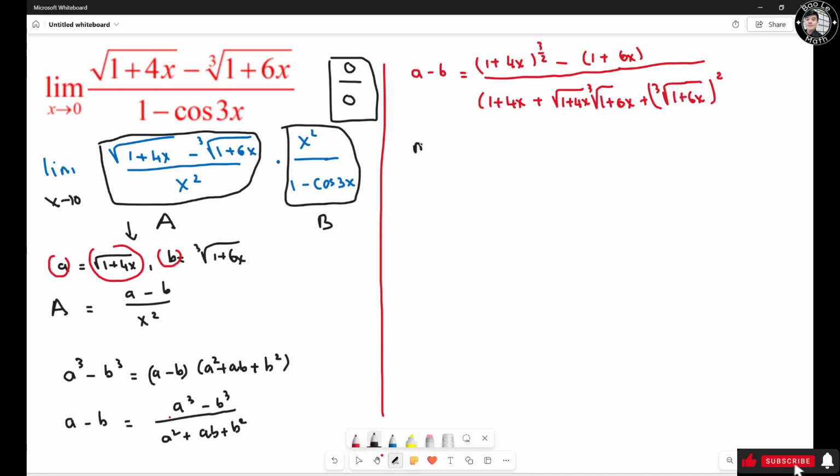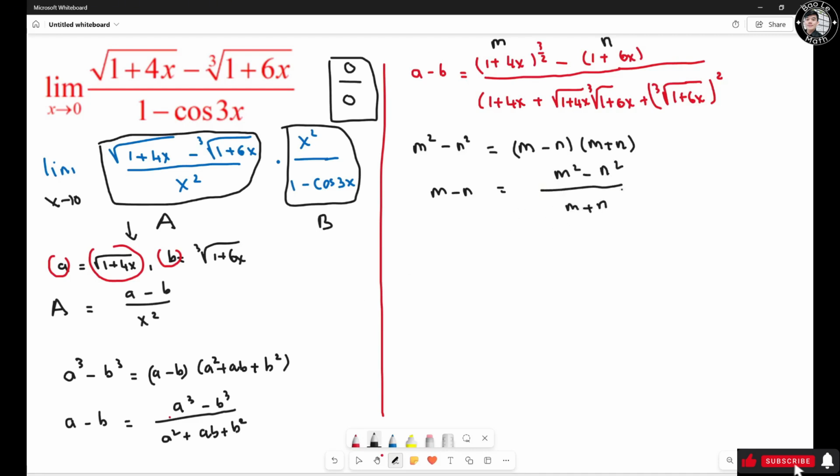We have m squared minus n squared equals m minus n times m plus n, right? So I'm gonna let this one right here be m, this one right here be n, right? So we have m minus n equals m squared minus n squared over m plus n.